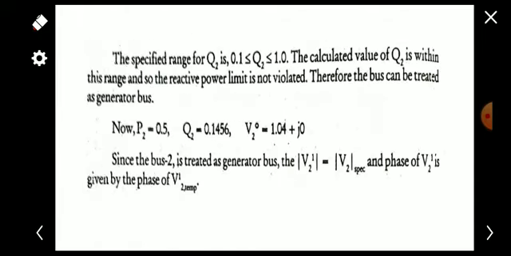So here we are taking the V2^1, that is the first iteration value of the voltage of bus number 2, as V2 specified. That is, V2 specified is 1.04 and it is the magnitude, but we have to calculate the angle also. So for that we will calculate a temporary value for the voltage of the second bus.